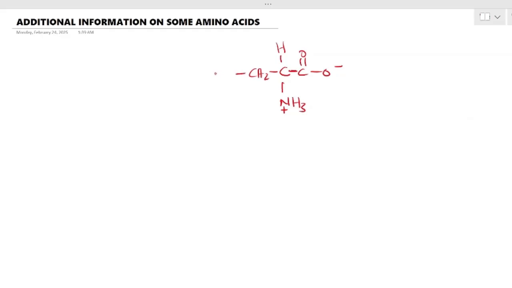For glutamate you have CH2 attached, CH2 attached, and now instead of your CH2 here, a carboxy group. So we remove the CH2 there. A carboxy group is now attached at this point, so you have COO and O minus.